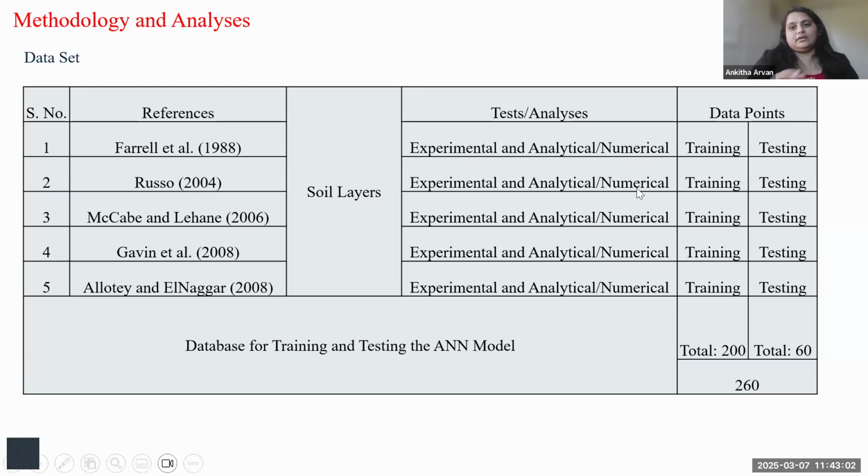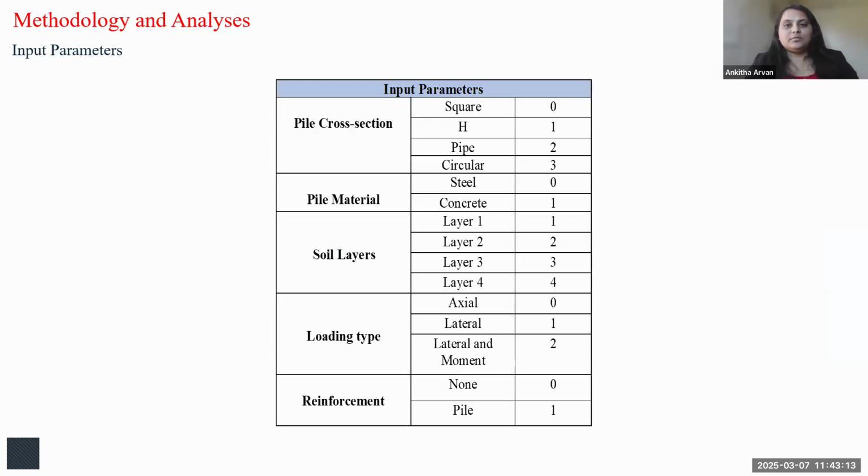So I used again the experimental validation against the analytical. And although the dataset points were limited because of the work, I tried to see the error percentage based on these input parameters for each characteristic like pile cross sections, materials, and layers. The study includes up to layer 4, but it could be extended beyond it too.